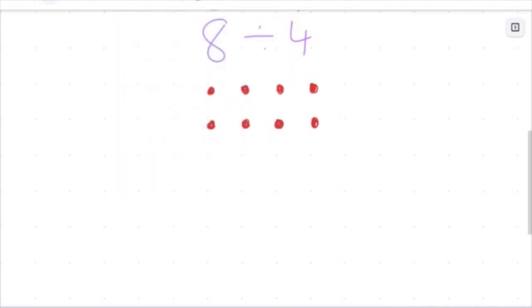So I can show this by splitting my group of 8 into 4 sections. So why don't I draw some lines through here? And hopefully you can see I've split this into 1, 2, 3, 4 different sections or groups. And I want to see, well, how many of my coins in this case are in each group.